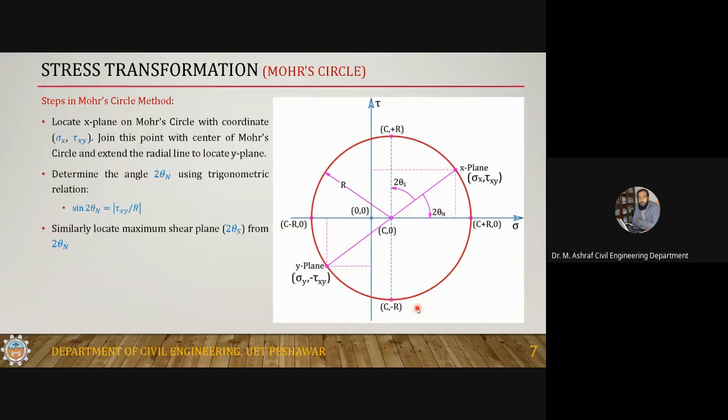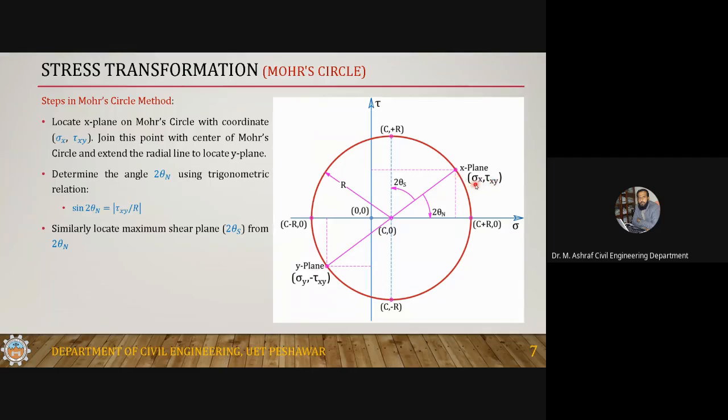The next is you will have to locate the x plane on the Mohr circle. How to locate the x-plane? Just how you locate a point on the graph. You take on the sigma axis a distance equal to sigma x, and on the y-axis move equal to tau xy.